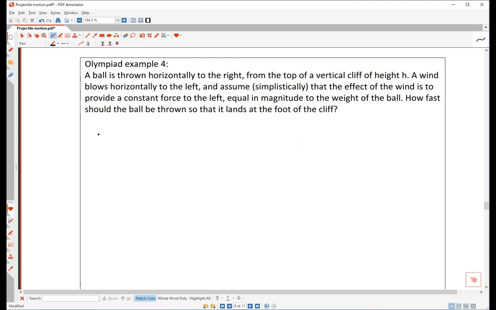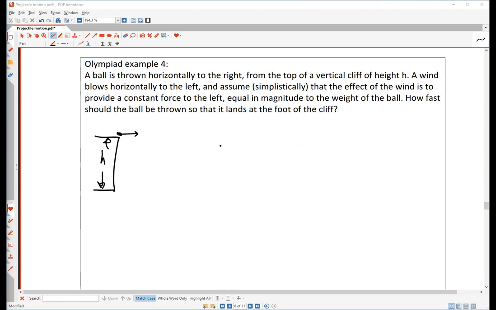The ball is thrown horizontally to the right from the top of a vertical cliff of height h. A wind blows horizontally to the left, and assume the wind will give a constant acceleration equal to g.